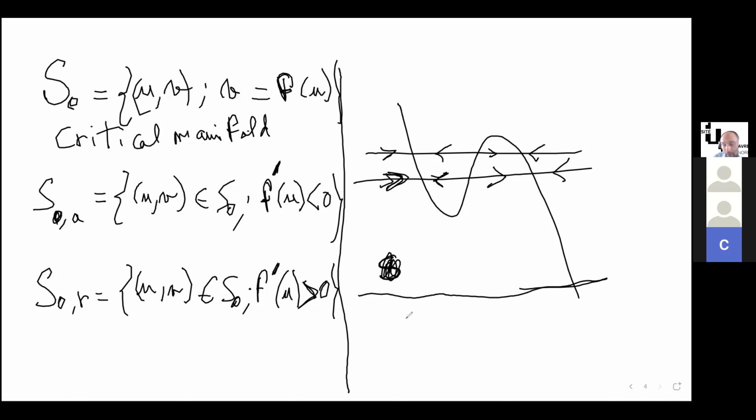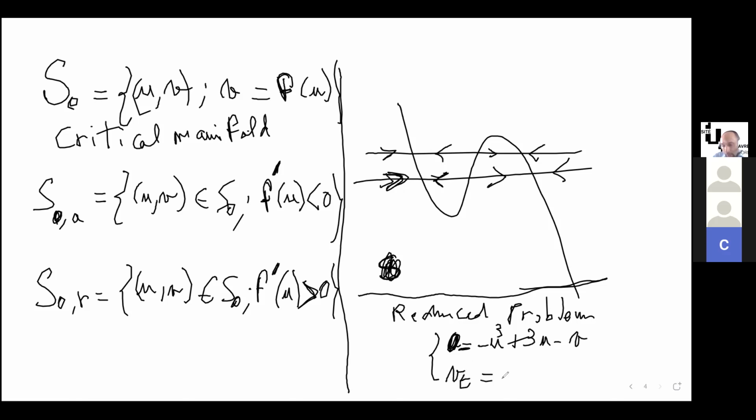Then you have the reduced problem. Then the reduced problem is what? You get 0 equals minus u cubed plus 3u minus v, and vt equals u minus c.